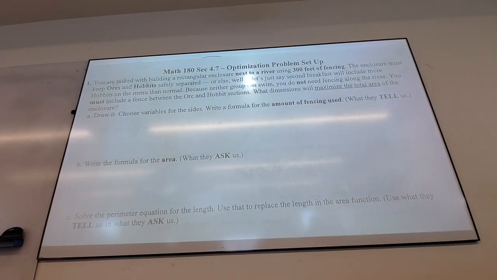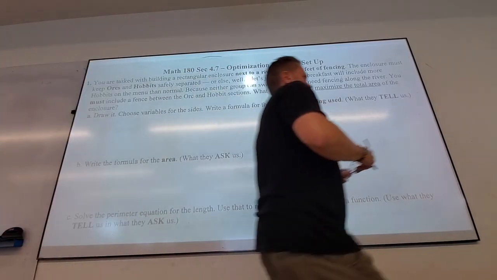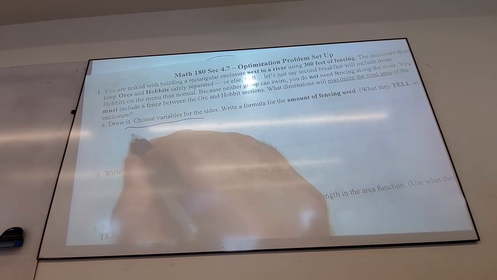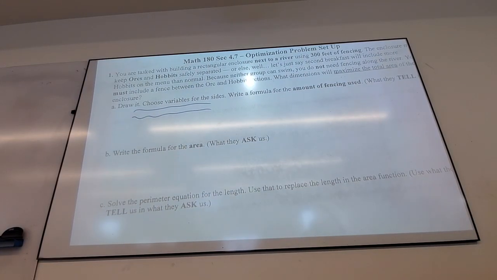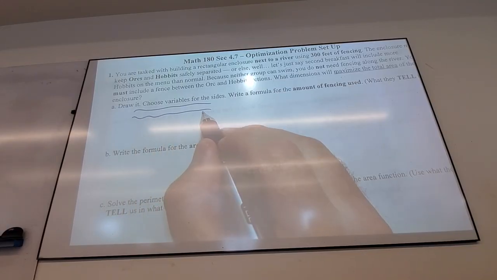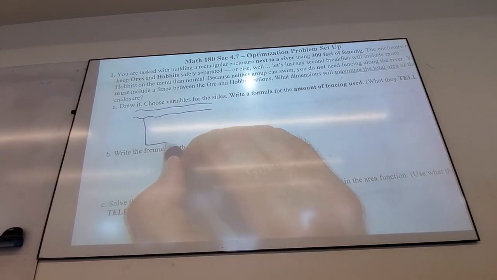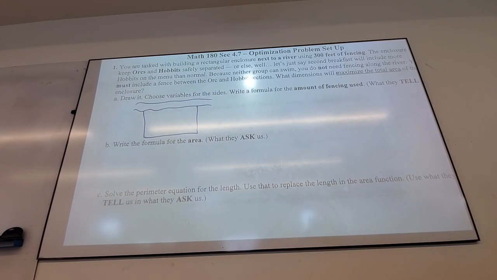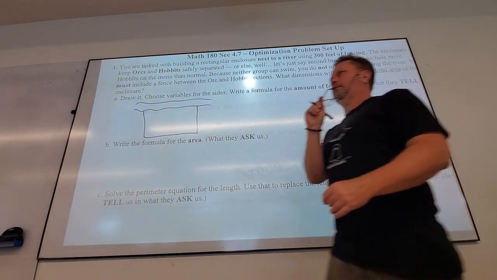When I draw this, I would draw something to represent the river. So this is one side of my pen, and then you just make the pen. Now what's missing? If you read through that problem, what else do I want to include?